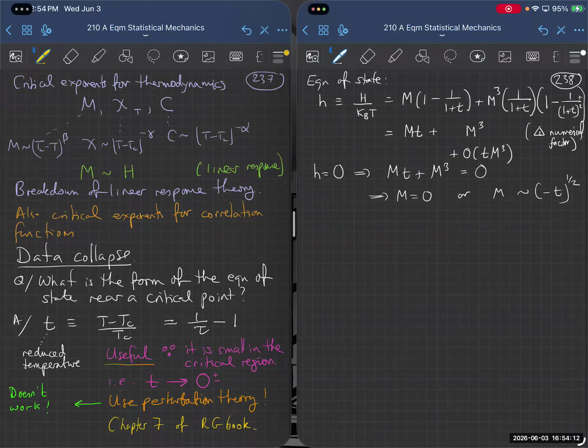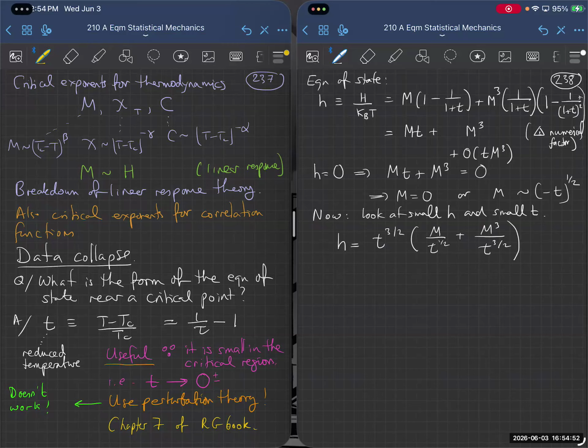But there's another thing that you might notice. So let's look into this. So this is at the critical point. So now we're going to look at small h and small t, like so. And so I'm going to write this equation of state in the following form. h is equal to t to the 3/2 times (m over t to the 1/2 plus m cubed over t to the 3/2).